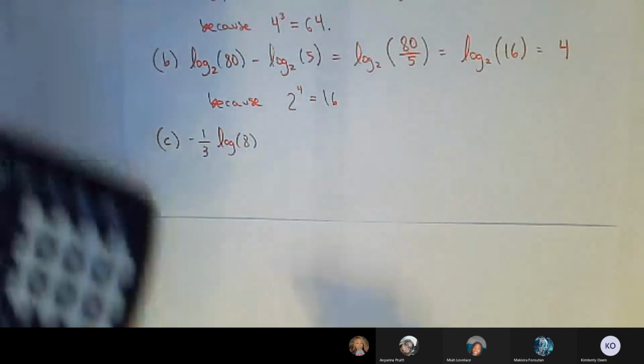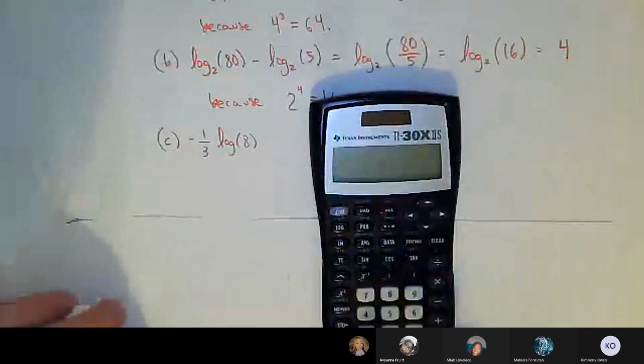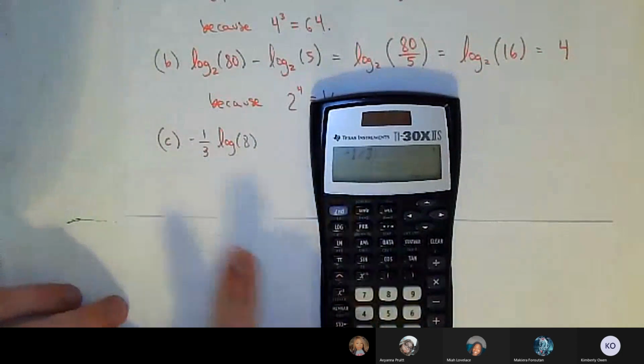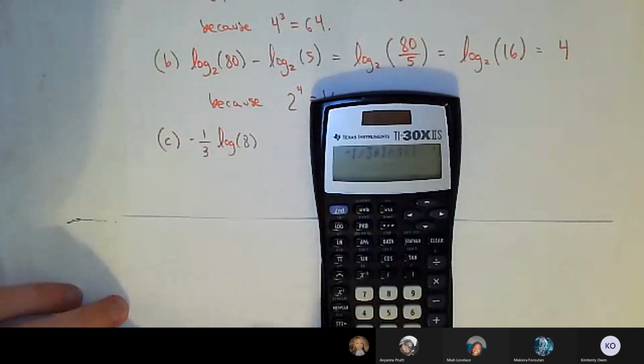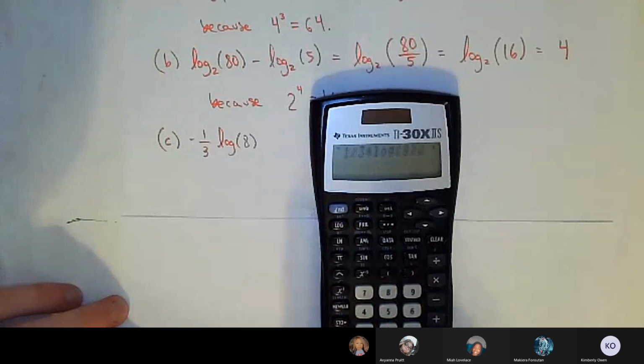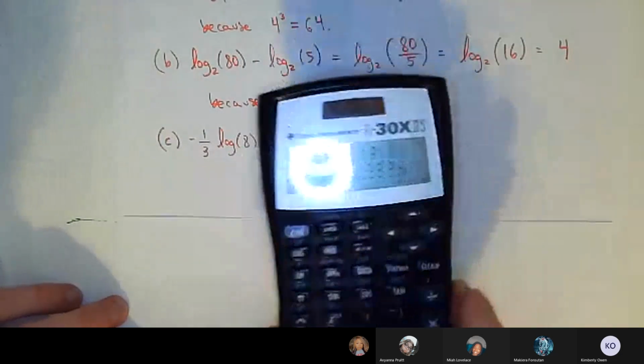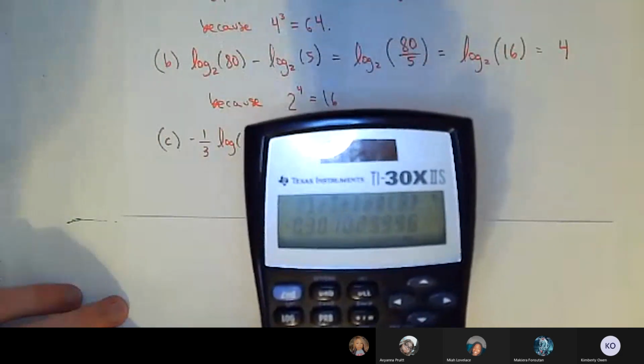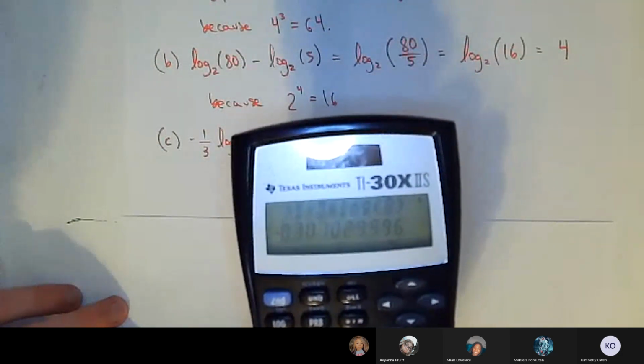So I could do in the calculator, I could hit -1/3, and then times log of 8. And I could just evaluate it just like that, and I get my answer, and I could round. See if you guys can see that. There we go. And I could round appropriately, and that would be it.